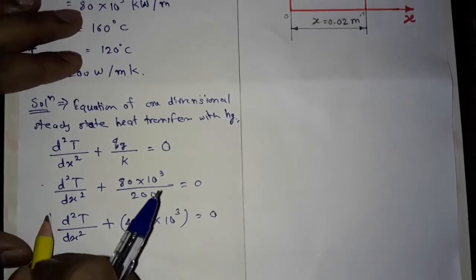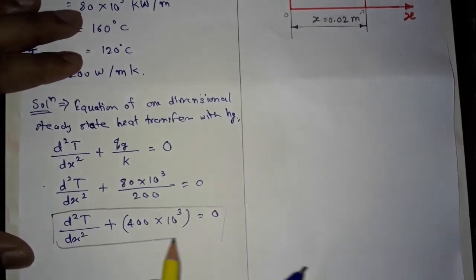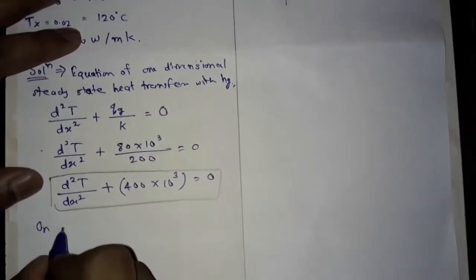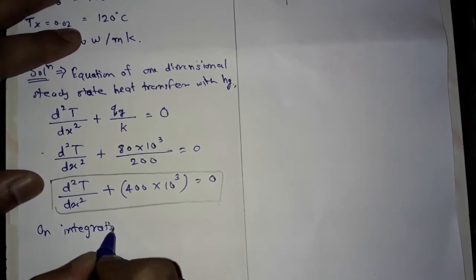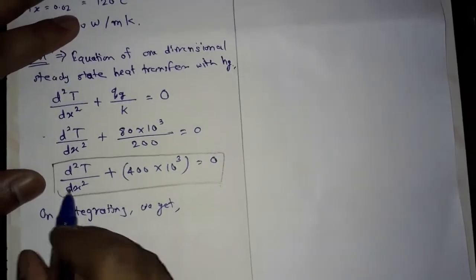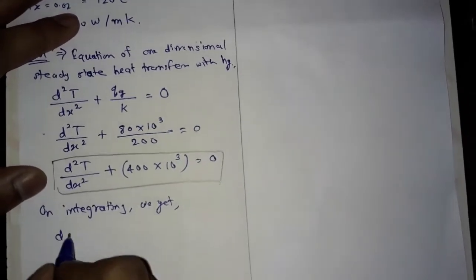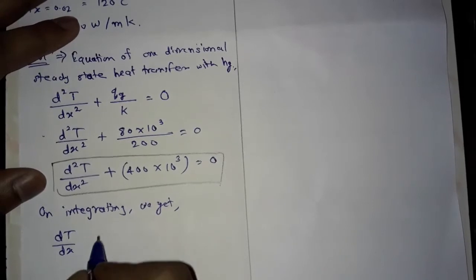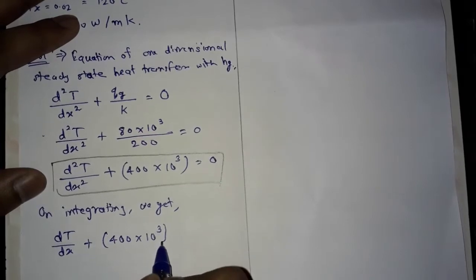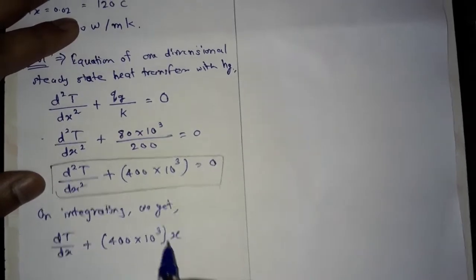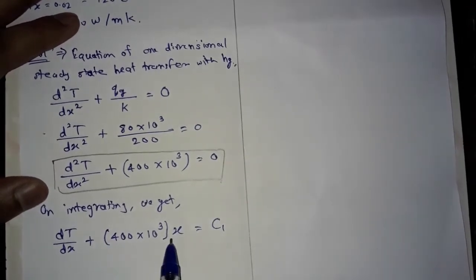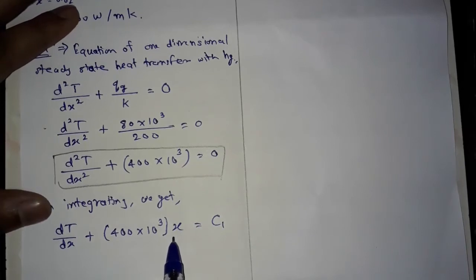So now on integrating this whole term we get dT upon dx plus 400 into 10 raised 3 into x is equal to c1. Here c1 is the constant and integration of a number is x, so here it is x.